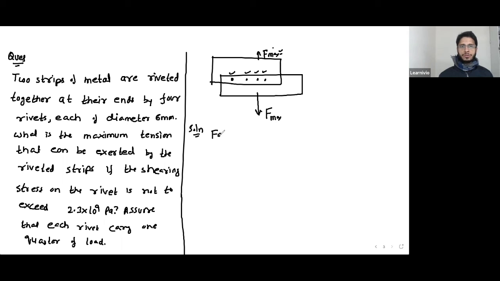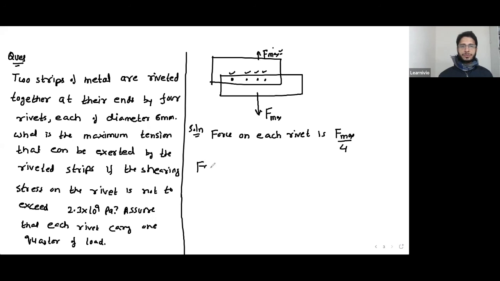So force on each rivet is F max divided by 4. This is the force on each rivet. And if I divide this force by the area, then we will get stress.